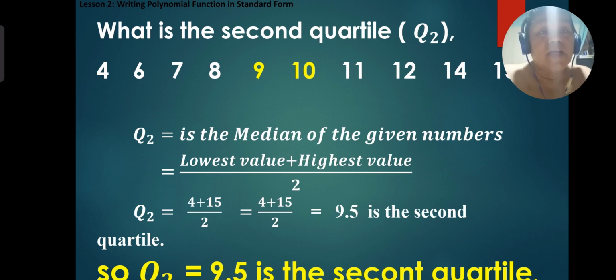That will be 4 plus 15 over 2, which is 9.5. So the second quartile, or the median, is 9.5.